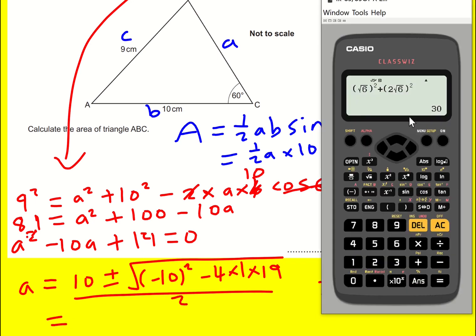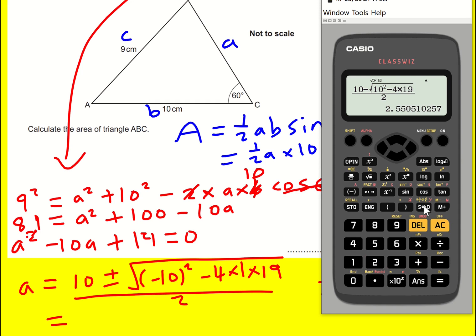Put that into my calculator. I'm going to investigate the subtracting one to start with. And actually, minus 10 squared is the same as 10 squared, so I don't actually need the minus. And then I don't need to multiply by the 1 because that doesn't do anything, so I can do little shortcuts.